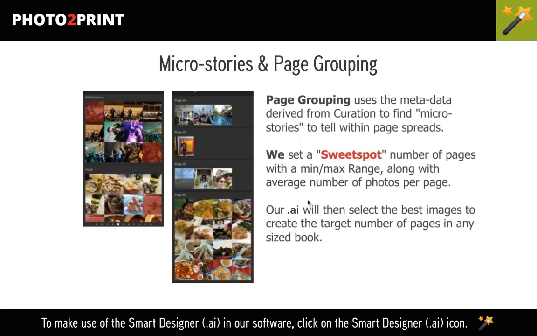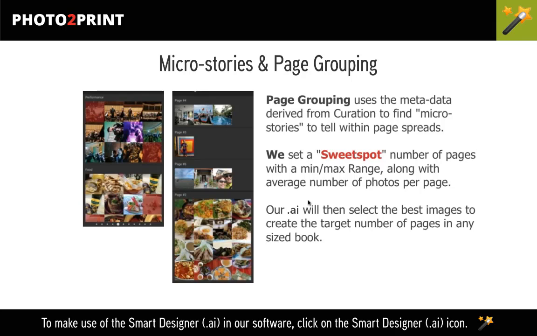The next stage is the curation. Here it will create micro stories and page grouping. A good example of this would be on the camera roll earlier, you saw lots of pictures of food. When we're creating our photo book, we don't necessarily want a picture of our dinner on every single page.